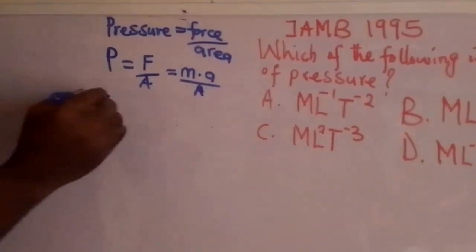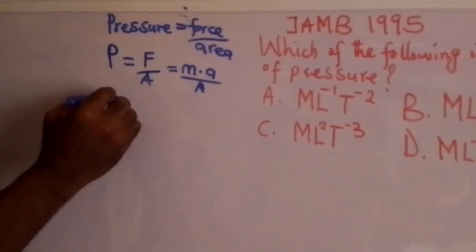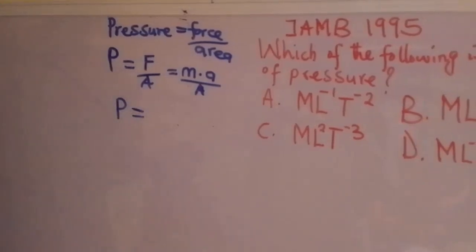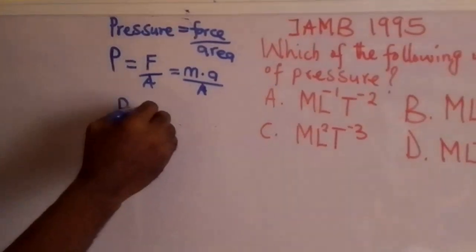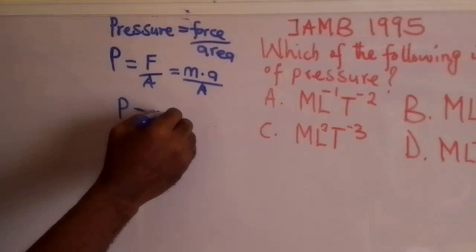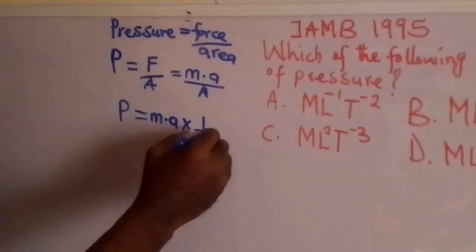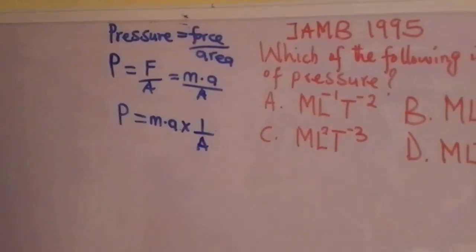Right? Just take it easy. This is P equal to M times acceleration times 1 over area. You know that is the same thing, right?